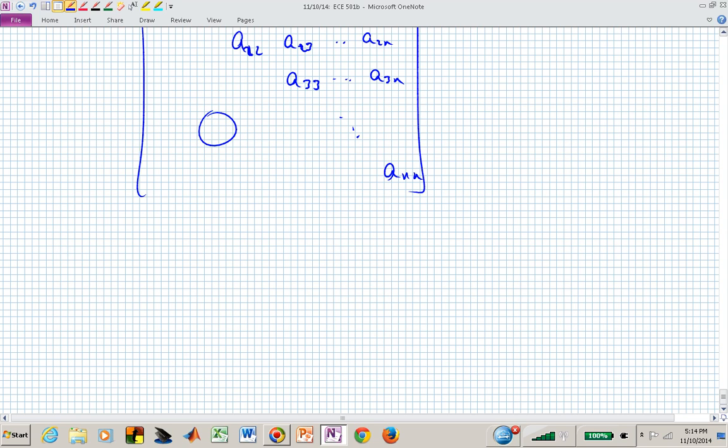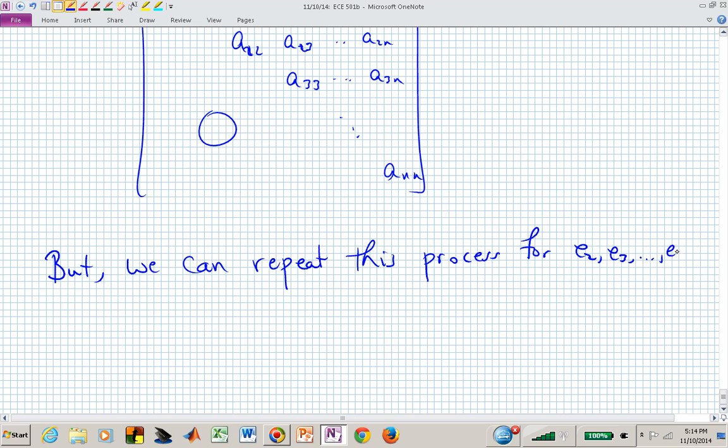But wow, we can repeat this process for E2, E3, down to E sub n.